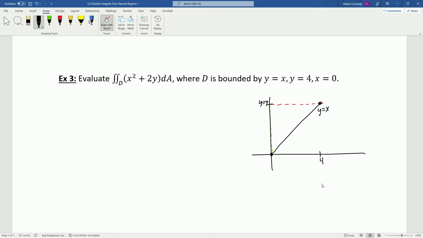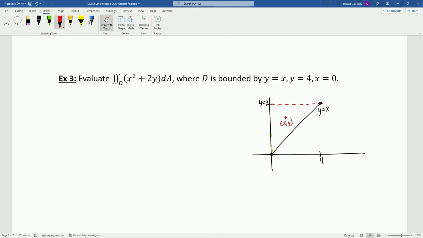So there's multiple ways we could set this one up, and I think in this case it really isn't going to make much difference which way we integrate with respect to first. But let's just consider a point. I think it's always easiest if you actually plot a point in here and think about its coordinates. So we want to pick one coordinate that is between two fixed values, and then describe the other coordinate's restriction based on the curves. So here, what do I see?